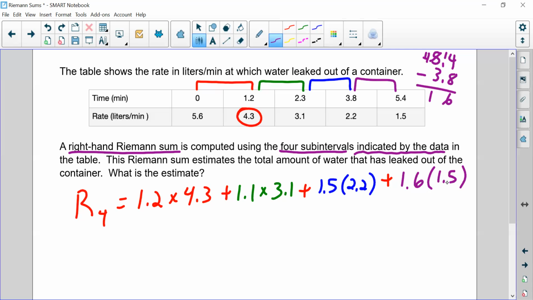And what's the height? 1.5. Okay, so that's the work I want to see on this type of problem. That shows me that you know that the delta x is not the same. Then you just punch it in your calculator and get an answer.